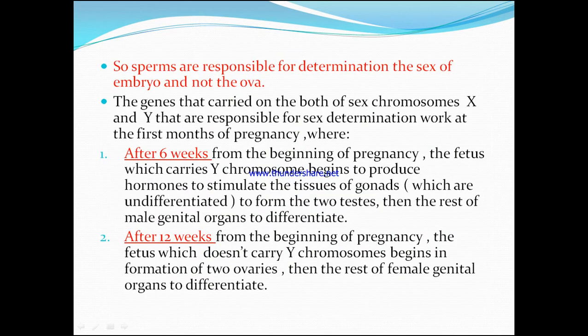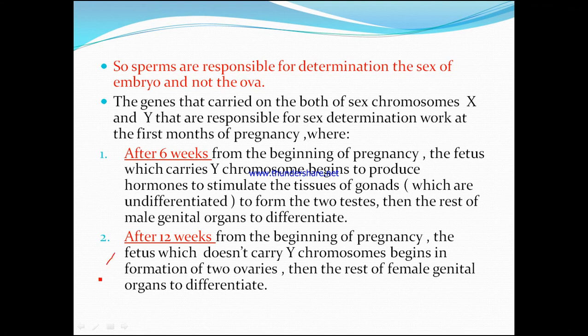Okay, so we can say that after 6 weeks from the beginning of pregnancy, the fetus that carries the Y chromosome begins to give the order to produce the hormone. This hormone stimulates the tissue that is still undifferentiated, so it will be stimulated to form testes and the rest of the male genital organs.